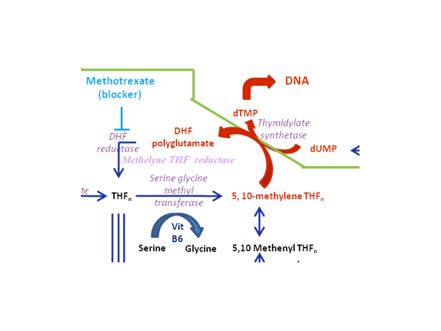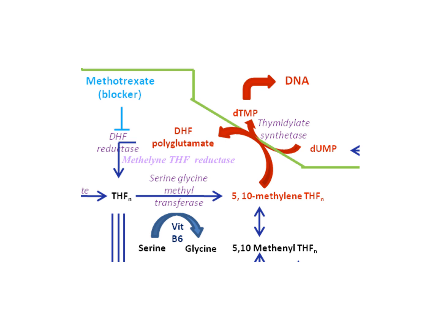So when you have a deficiency of folic acid, which is the methyl tetrahydrofolate we take in food, we get a deficiency of 5,10-methylene tetrahydrofolate. As a result, you get decreased conversion of UMP to TMP and decreased DNA synthesis, and that's the cause of megaloblastic anemia.